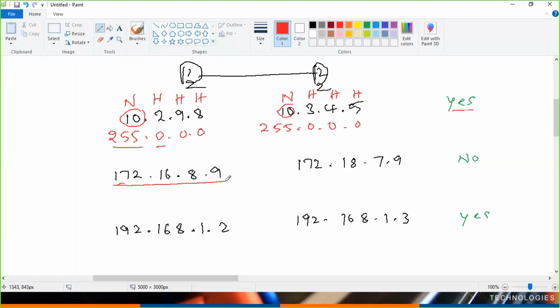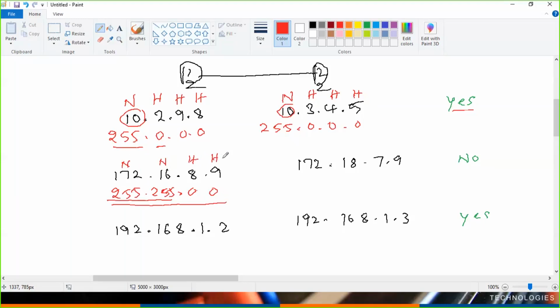So for class B, the subnet mask is 255.255.0.0. By seeing the subnet mask, the device understands the first octet is network portion. Second octet is also network portion because we assigned 255, 255. And the device understands 8 is a host, 9 is a host.